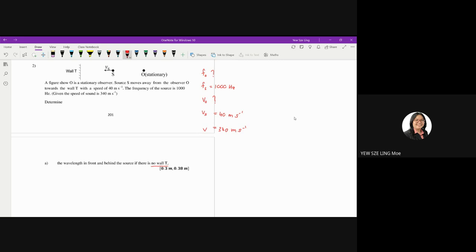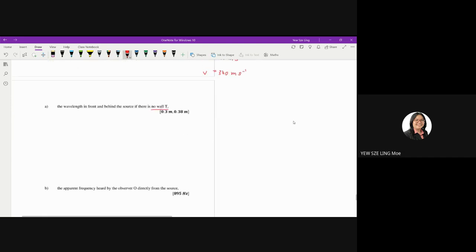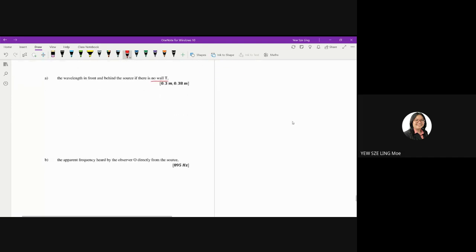Now, question 8. The wavelength in front and behind of the source if there's no wall. Aha. So now it assumes this is your source. In front of the source and behind the source, there's nothing. You're just looking at the source. And if you remember, sound is emitted in all directions, which means both directions will have the wave.